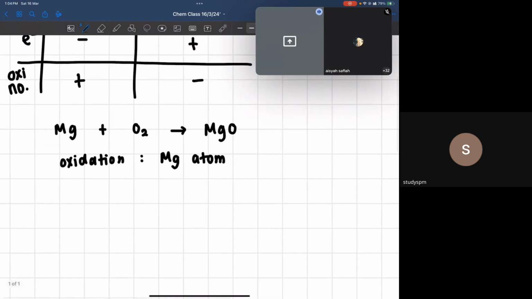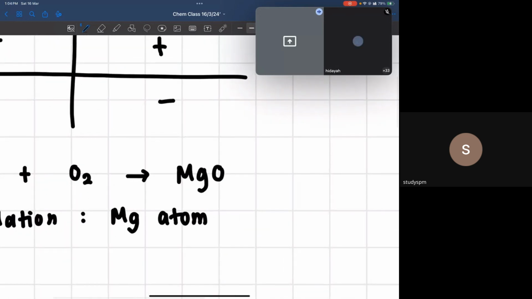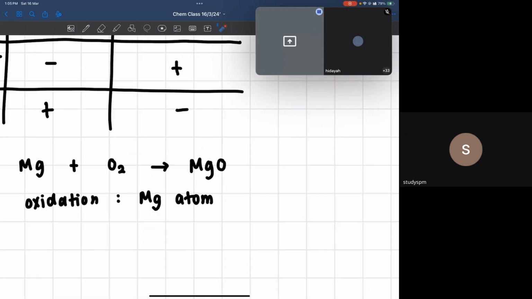So if you identify one already, the other one is very easy. But just to double check, for oxygen, at first it has 2 oxygen atoms, but in the product part, there's only one. One is gone already. The equation is not balanced yet, but this is just to determine the oxidation and reduction.